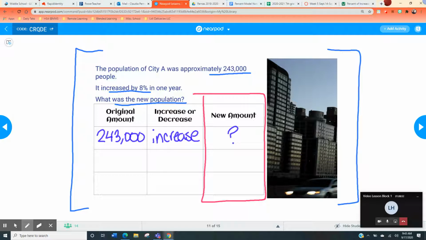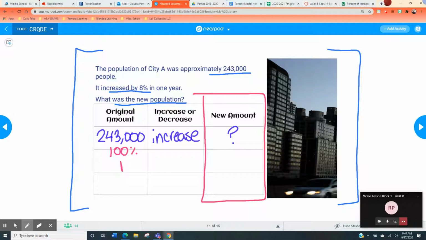Let's go ahead and look at the second row. Now, what percent represents our original amount? Okay, 8% represents our increase. What percent represents our original amount? 100%. Good. So 100% represents our original amount, which is what as a decimal? 1.